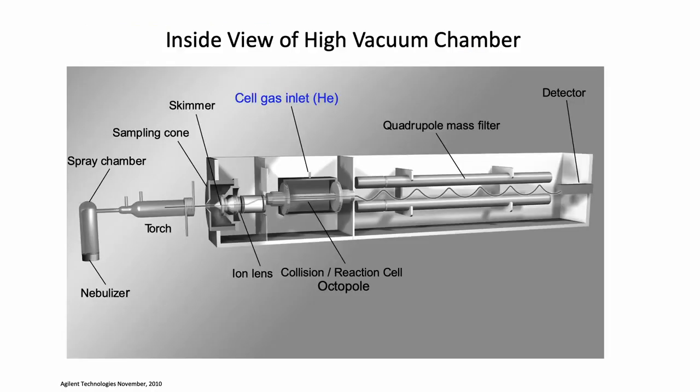And in comes the collision reaction cell. So just to put this back in perspective, here's our nebulizer and our tube, our torch. And then this is the high vacuum, low pressure area of the mass spectrometer. So we've got a collision reaction cell here that we put helium in. And we fill it with helium, and the helium starts colliding with the ions, both the polyatomics and the monatomics.